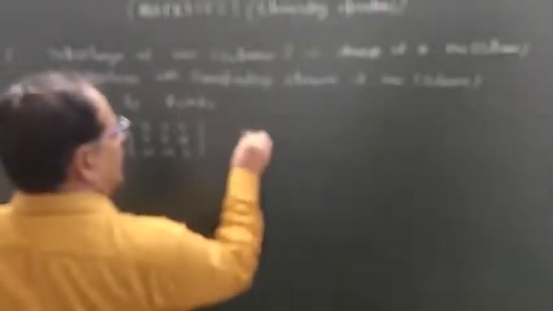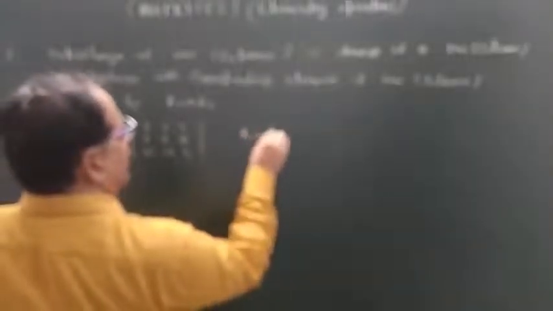Ri interchange with Rj. For example, suppose that A is the given matrix and elements are 3, 1, 2, 1, 2, 4, 0, minus 1, 3, and we want to apply there R1 replaced by R3.